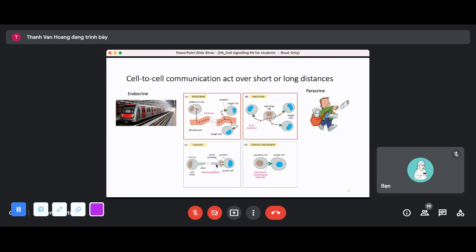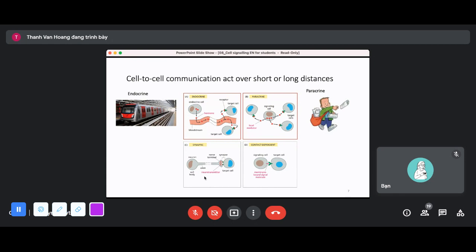It requires the cells to respond immediately to the environment, right? So in this case, they use synaptic signal conduction. The disadvantage of the synaptic system is that you need neurons, right?